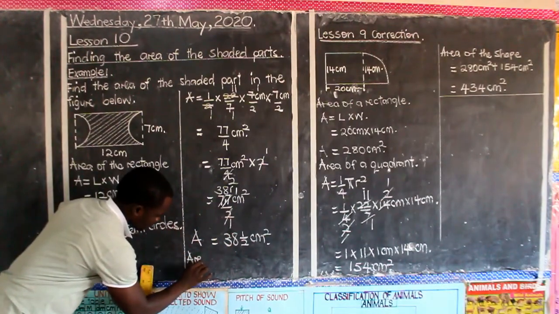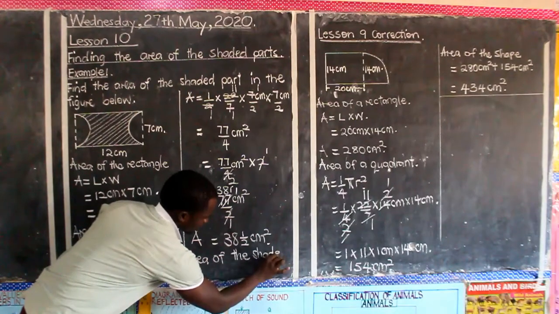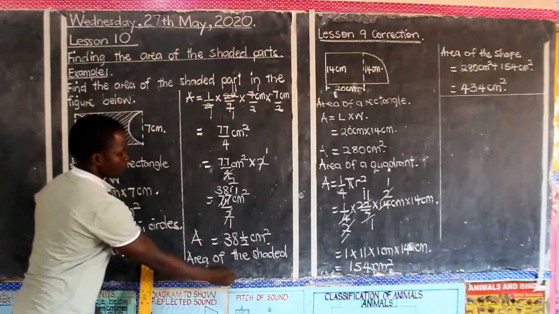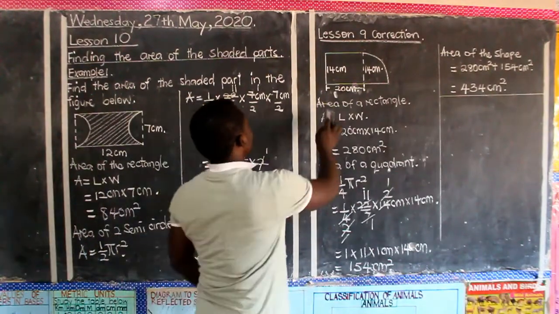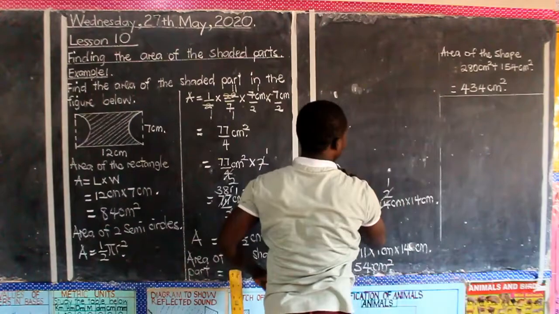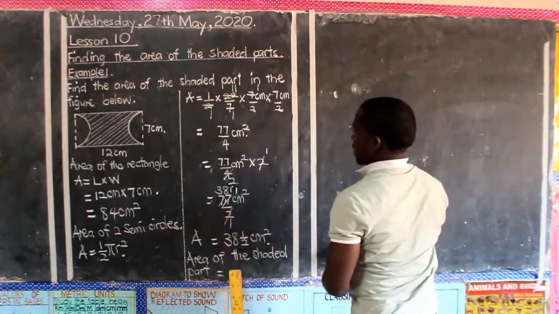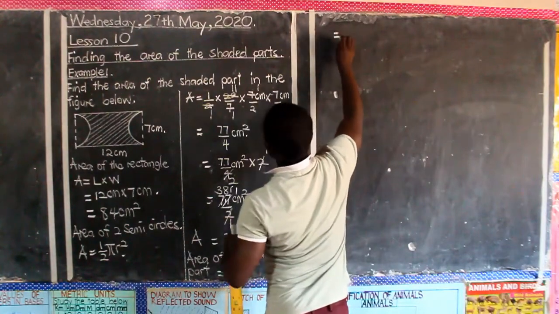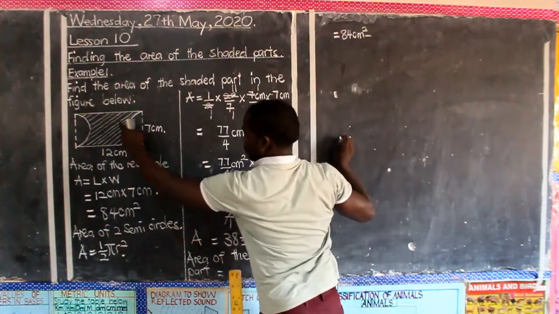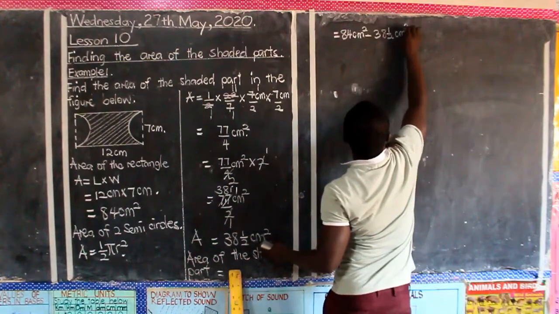So area of the shaded part equals area of a rectangle, 84 square centimeters, minus the area of 2 semicircles, which is 38 whole number 1 out of 2 square centimeters.